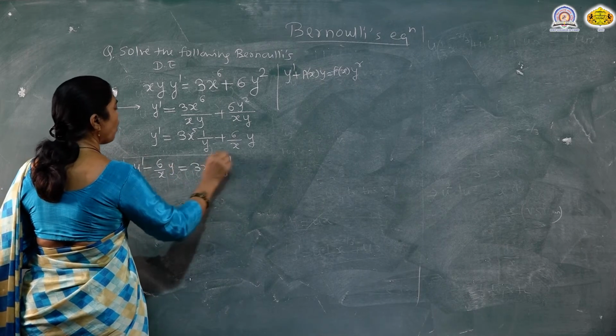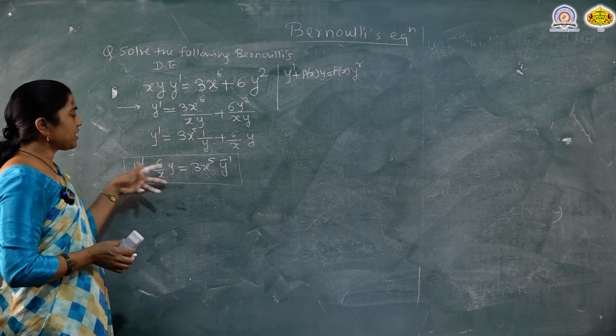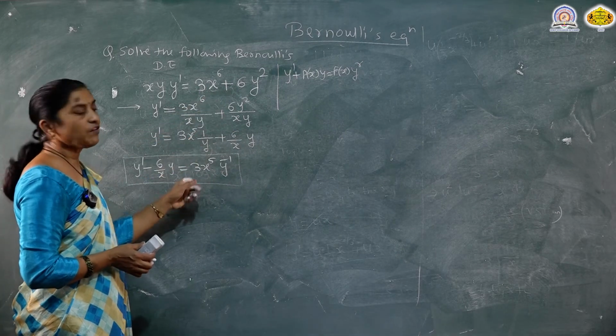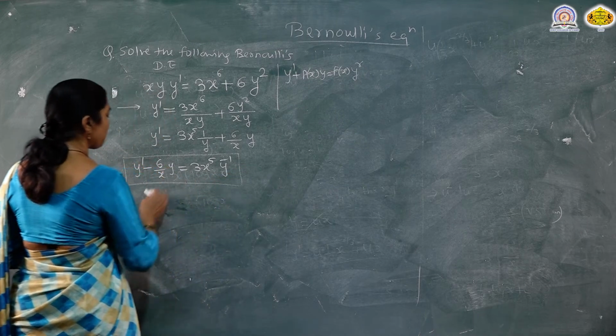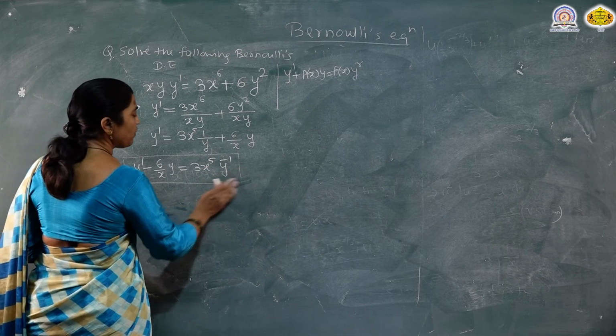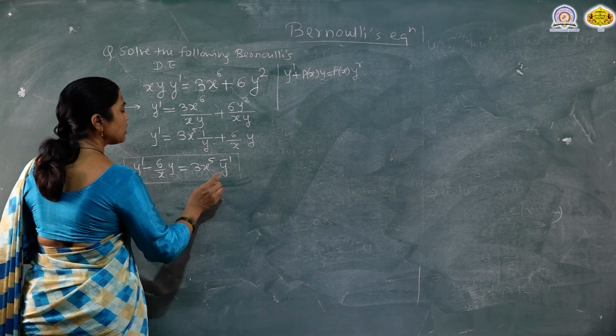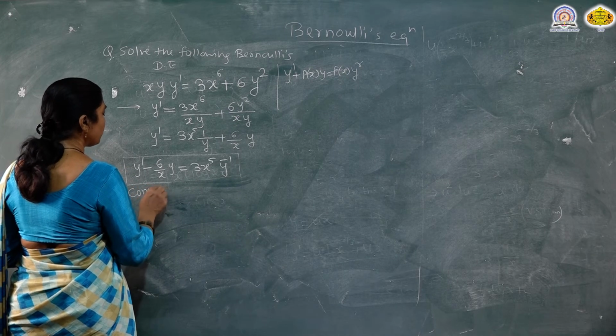Now this is in the form where r is nothing but minus 1, p(x) is minus 6 by x, and f(x) is 3x raised to 5. So now it is written in Bernoulli's form. To solve this equation, though it is not variable separable, we will transform this to variable separable by considering the method of variation of parameters.